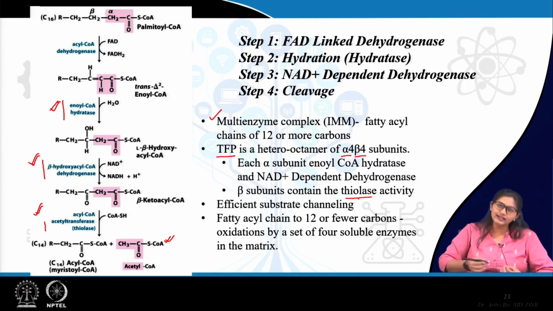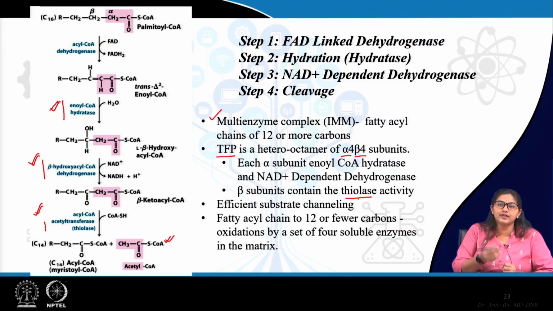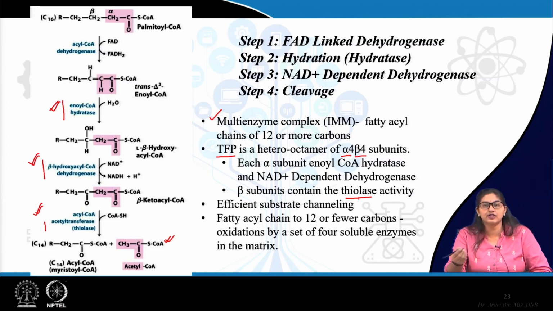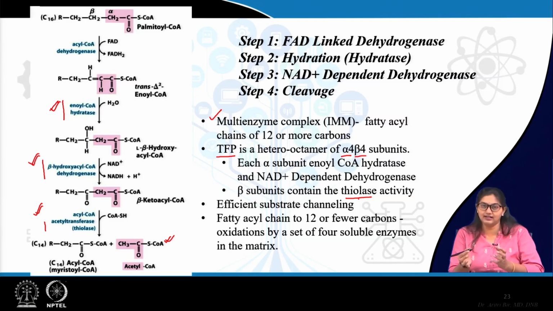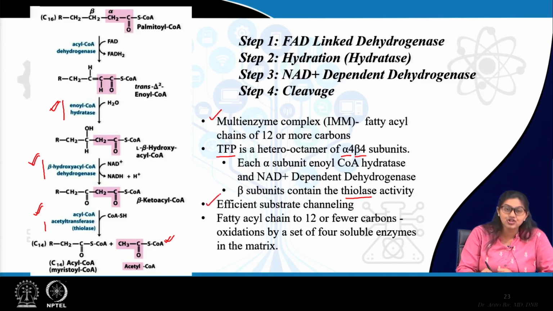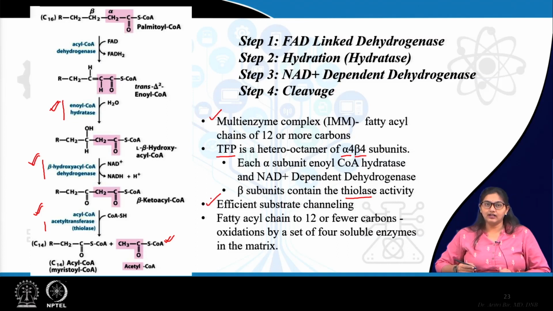Now, what is the importance of having a multi-enzyme complex? In case of all multi-enzyme complexes, remember, when all the enzymes are complexed together, the product of one enzyme is utilized as the substrate of another enzyme. There will be very little diffusion while transferring the substrate from one enzyme to another. So, there will be efficient substrate channeling when there is a multi-enzyme complex.